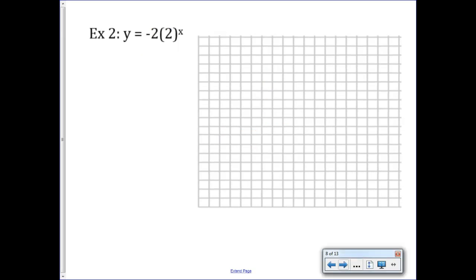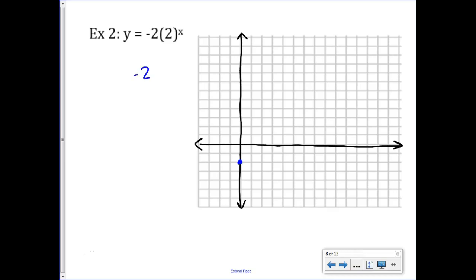All right, then we have -2 times 2 to the x. So first thing I notice is that the a value is negative. So that means that this graph is going to be reflected over the x-axis. So my y-intercept is -2. And then when I plug in 1 for x, 2 to the first is 2.